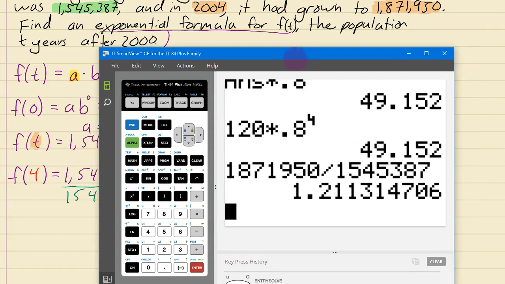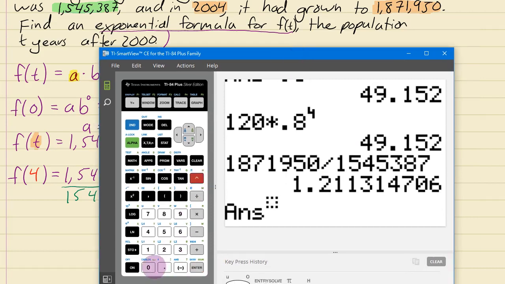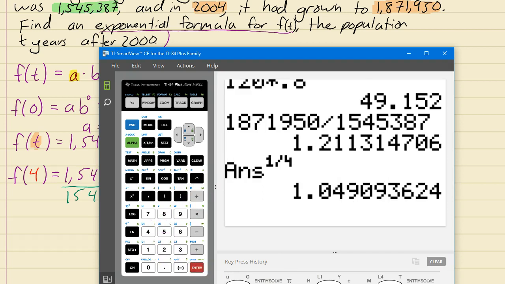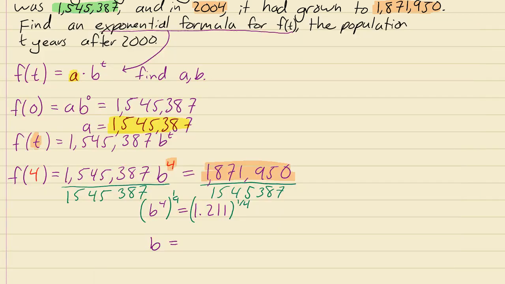I'm just going to take that answer to the power 1/4, and you get 1.049, approximately. So that gives you your value of b.